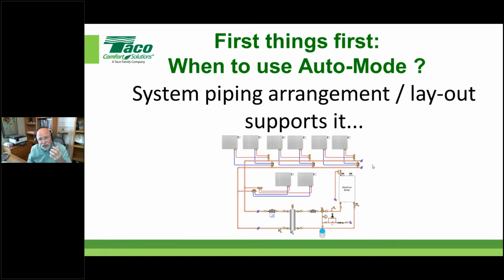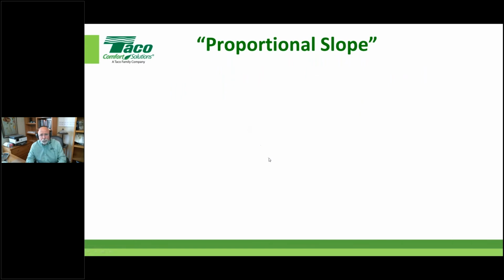If it's an extended header, then that's fine. But if it's a regular home run, like we do a lot of times in North America, then that's not the appropriate way to do it. Doesn't mean it won't work. It just means that the science behind it is not going to work the way you think it's going to.